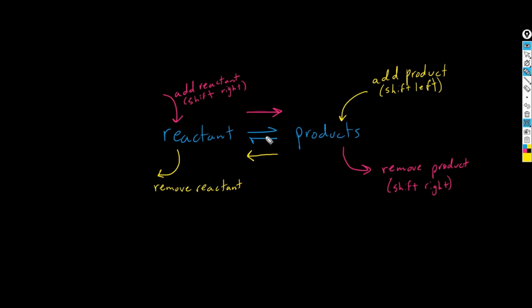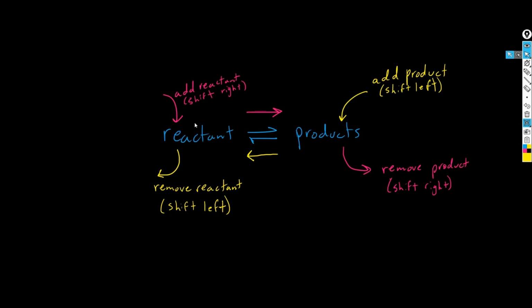Which of the two reactions, forward or reverse, makes more reactant? The reverse reaction. So by removing reactant, the equilibrium is going to shift left to create more of that reactant. So this is the essence of how Le Chatelier's principle works when it comes to concentrations.